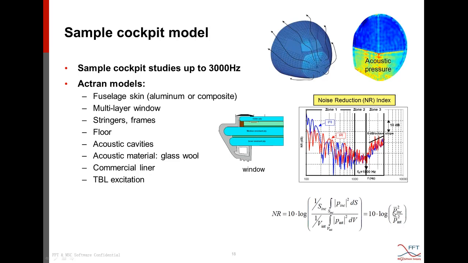It is defined as the ratio between the average mean square pressure on the exterior surface of the structure and the mean square pressure inside the cavity. So the ratio of these two terms will give us an idea of the noise reduction of that system.